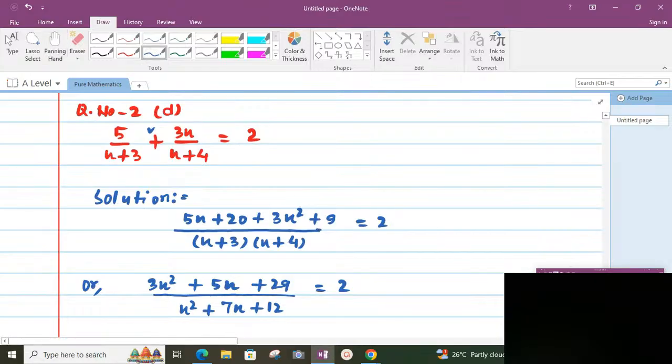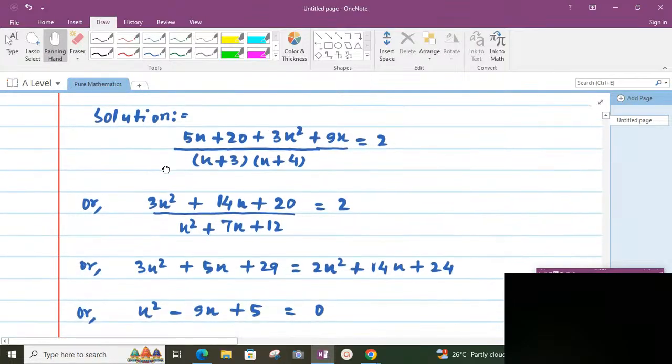Here will be 9x. So 5x plus 9x equal to, here will be 14x. and here will be 20. Hope that there is no problem to understand up to this step.